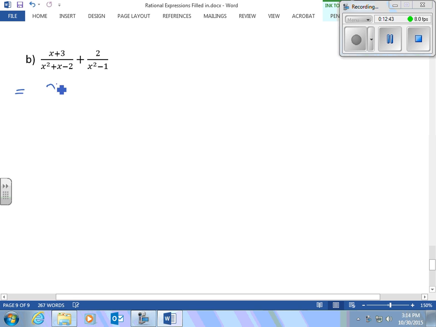So I've got x plus 3 over, and now we're going to use inspection. I want two numbers that multiply to negative 2 and add to 1. So that would be a positive 2 and a negative 1. So x plus 2, x minus 1, plus 2 over, and I've got difference of squares there, x plus 1, x minus 1.